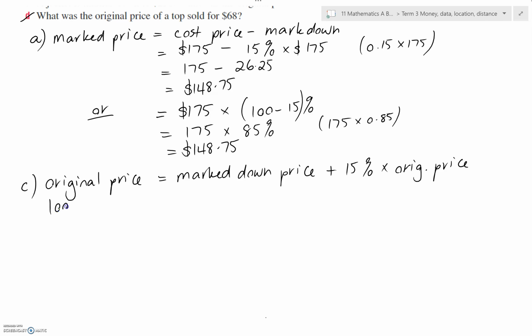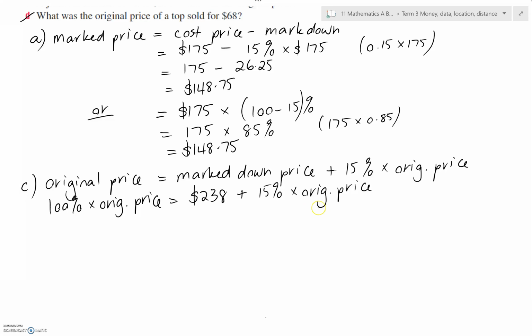So what we're going to start with is 100% of our original price. That's what we want to find. Equals 238, the markdown price, plus 15% of that original price. So you can see the way I've rewritten that statement, the only unknown in there is our original price. Now, yes, it is on both sides of the equation, but we can collect those because they're like terms, so we can put them together.